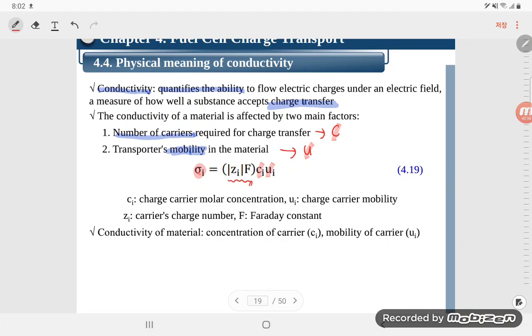Here, Ci is the charge carrier molar concentration, Ui is the charge carrier mobility, and these are the carrier's charge number and the Faraday constant.